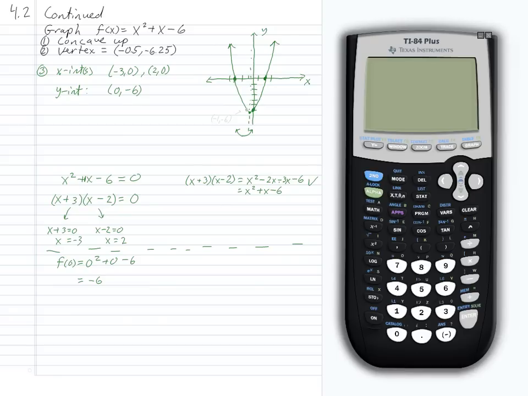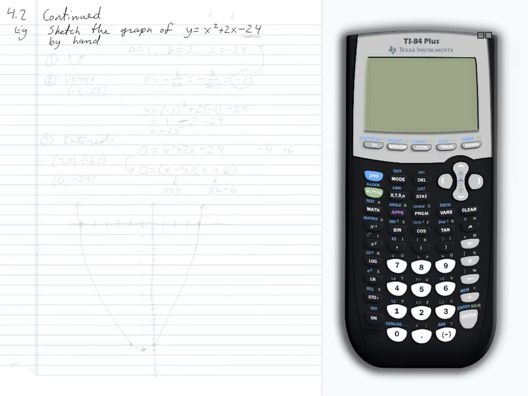So there's going to be a matching point the same distance to the left of the axis of symmetry. So we get the point (negative 1, negative 6) essentially for free. And that comes in kind of handy when we don't have as many points to pick from as we do with this graph. And we'll get into an example that illustrates that point in just a minute.